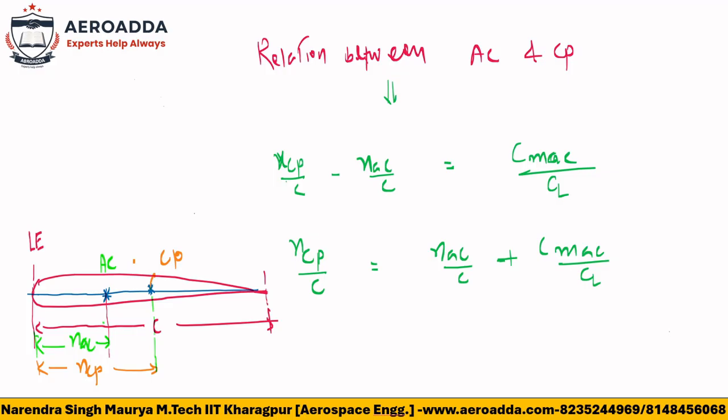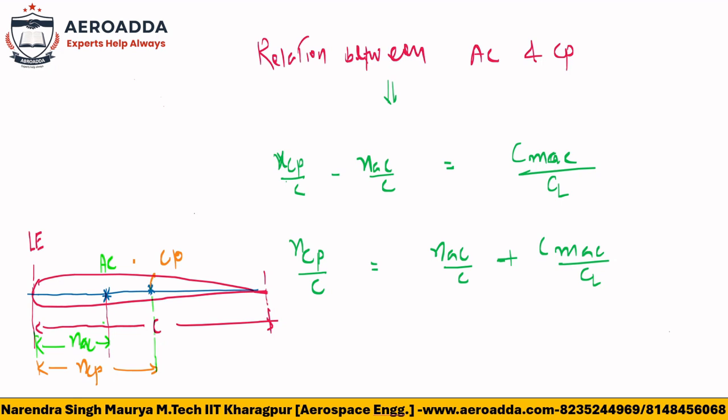I hope you all heard this. Always remember, aerodynamic center is almost constant. It is fixed. It is generally C by 4 distance, but CP is always changing. And AC and CP can lie on the same point, because the aerodynamic center is fixed, but CP is changing with the angle of attack.